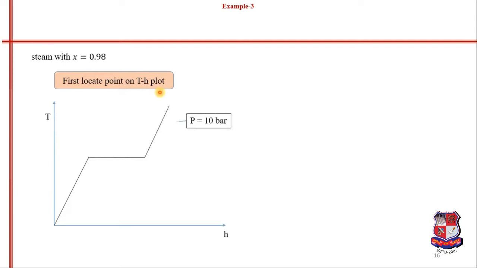So the procedure is, first locate the point on the TH plot, so it will be easy to find the enthalpy and other data. For 10 bar pressure, as we are given dryness fraction x is 0.98, we can identify the point between point B and C, means in the wet region. Okay. So point 1, and the enthalpy of point 1 is H1.